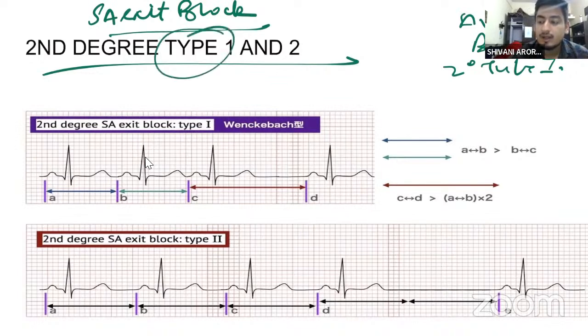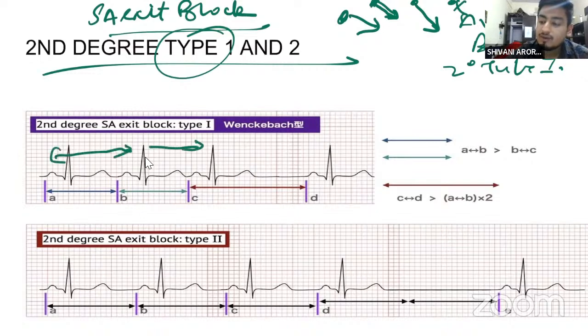Similarly, here SA node would fire, another beat got a little late, then another a little late, and then the fourth one doesn't flow. So in SA exit block second degree type 1, we have progressive PR prolongation, or we can have progressive PR shortening followed by a skipped complex.